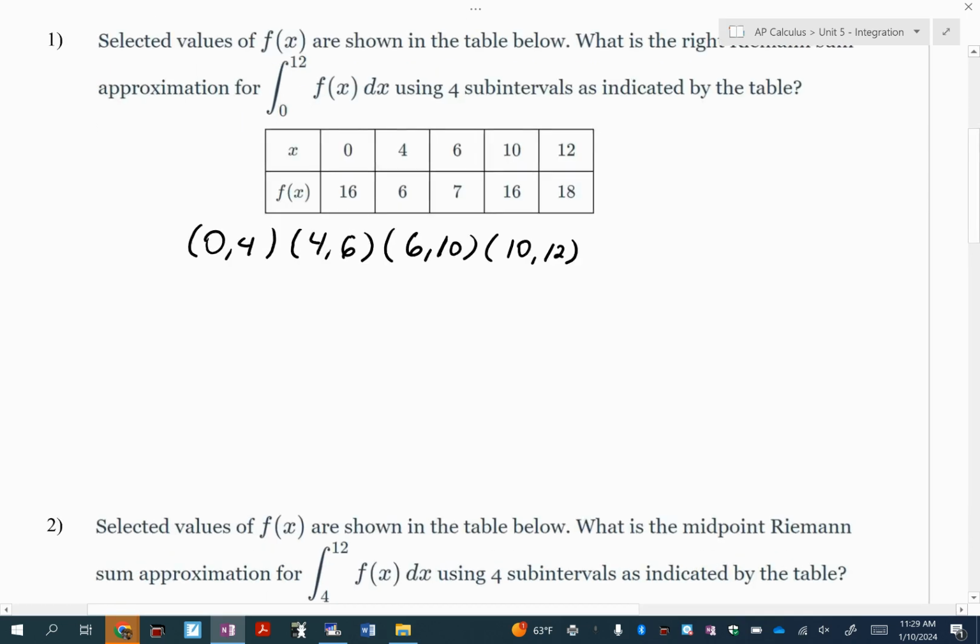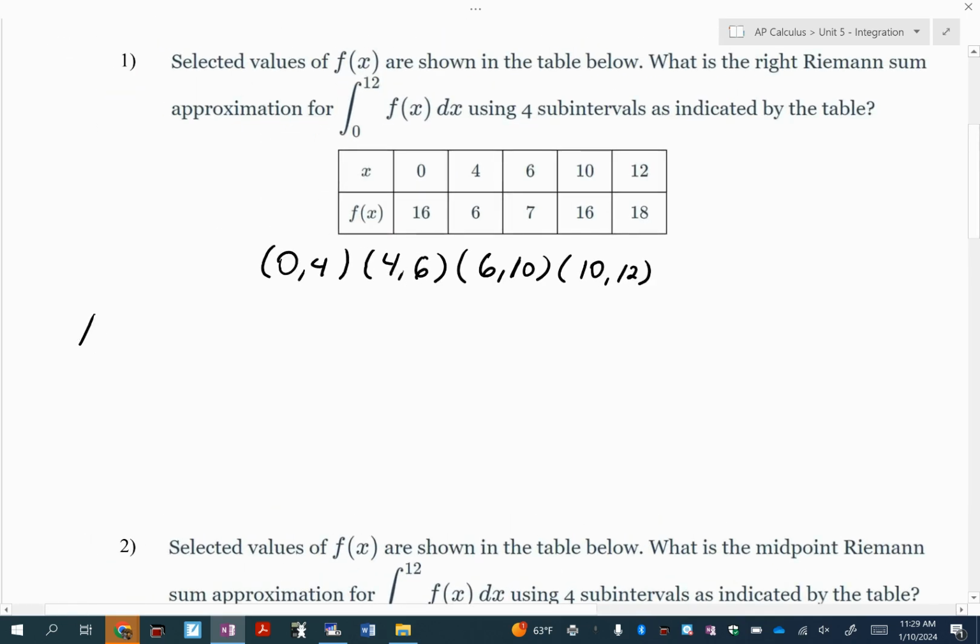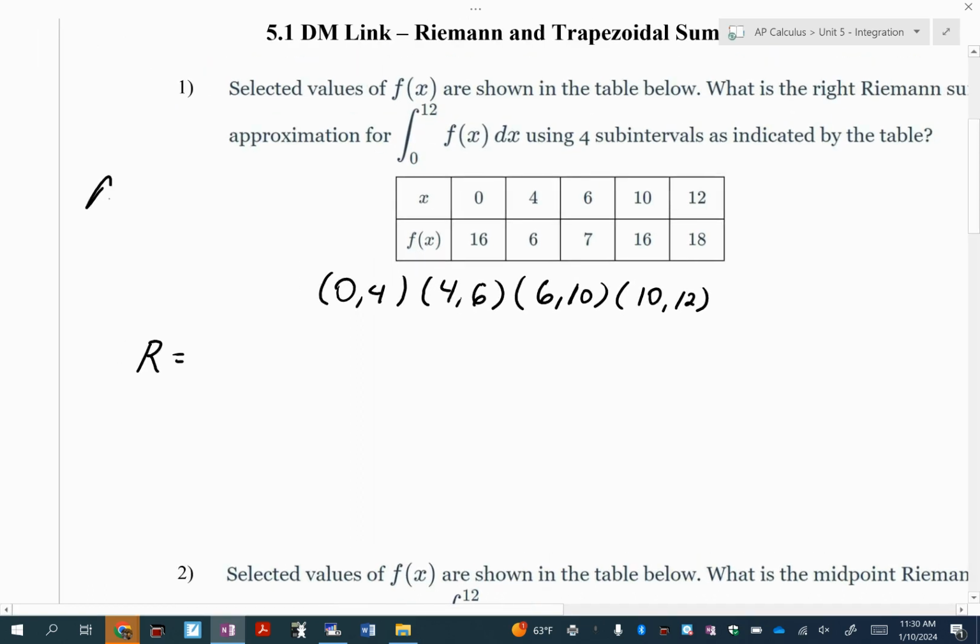So to find the approximation for a right Riemann sum, I'm going to find the area of each of these rectangles using that formula. If we're using length times width, the first thing I usually write down is the width. So what is the width of my 0 to 4 interval? 4.